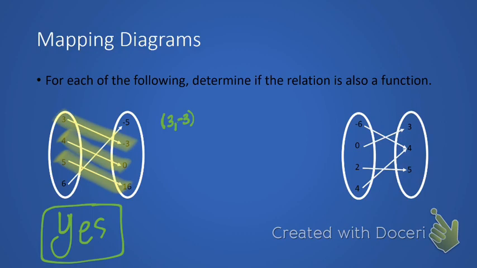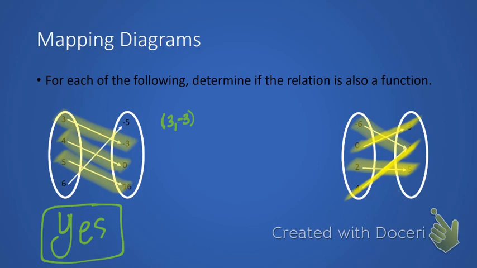On the right over here, I'm trying to trick you a little bit. We have -6, 4. We have 0, 3. We have 2, 5. And we have 4, 4. If you look, the 4 x value and the -6 x value both go to the y value of 4, but the x values are different.